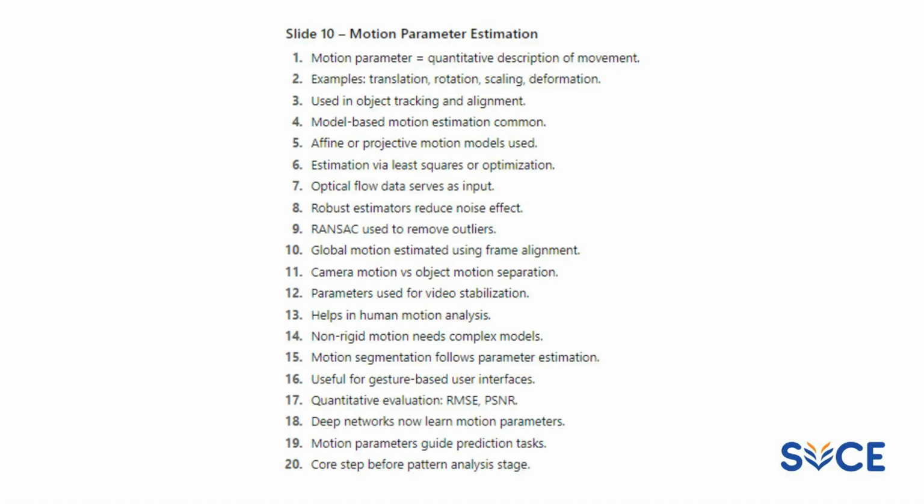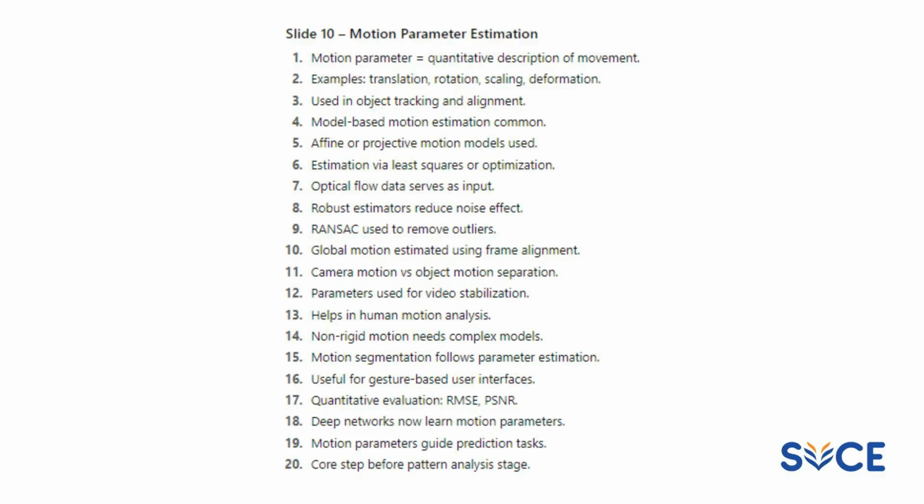Motion parameter estimation. Once motion is detected in a video or an image sequence, the next step is to quantify it. Motion parameter estimation involves calculating the characteristics of a motion such as velocity, direction, acceleration, rotation and trajectory of an object.